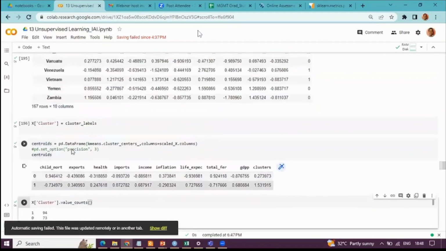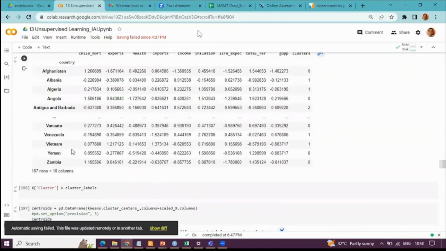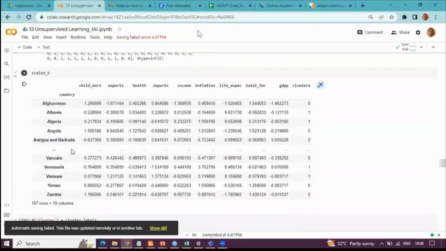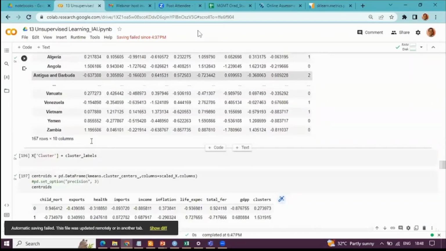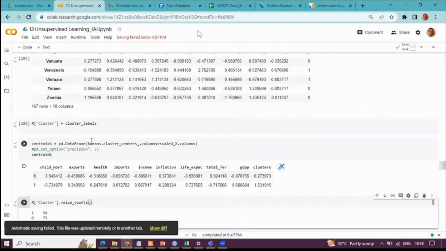We can very well see which of those countries have clusters as 0.